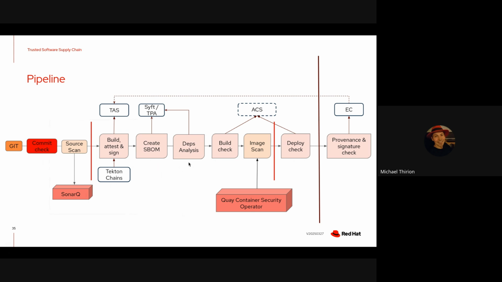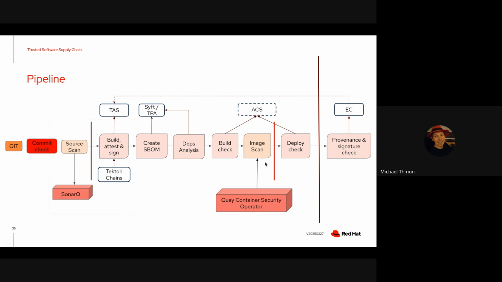The SBOM and the dependency analysis are the two steps that are done by Trusted Profile Analyzer and Syft. And the build check and the deploy check, if you remember the session about ACS, they are done by ACS. So you have policies in ACS, and you have build policies and runtime policies, right? So that's where we leverage ACS, and that's why ACS was on the picture at the beginning of the presentation.